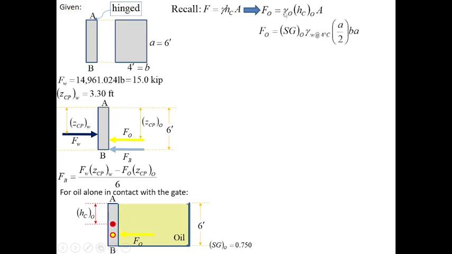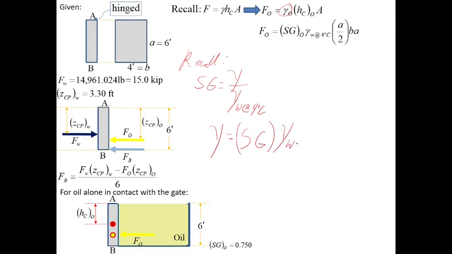And also, take note that the specific weight of oil, as I have discussed before, that the specific gravity formula is the unit weight of the substance over unit weight of water at 4 degrees Celsius. And the specific weight of the substance is the specific gravity of the substance multiplied by the unit weight of water at 4 degrees Celsius.